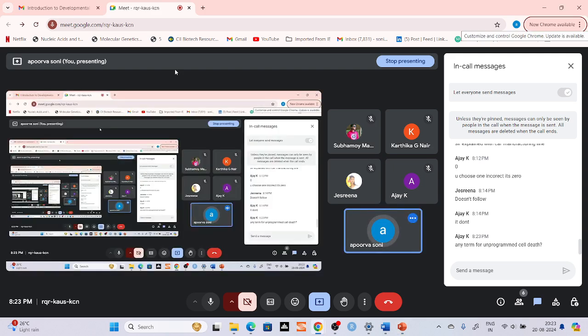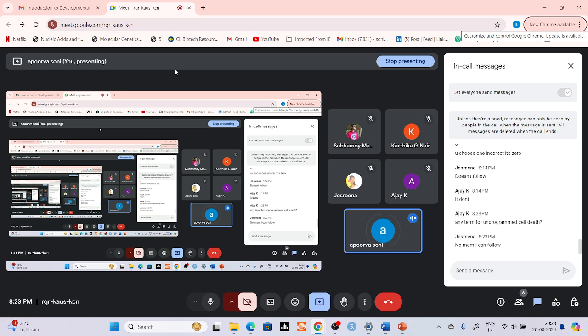So Ajay asks, is there any term for unprogrammed cell death? Yes, there is a term, and that term is necrosis. So there are two terms: programmed cell death, which is apoptosis, and unprogrammed cell death, which is necrosis.